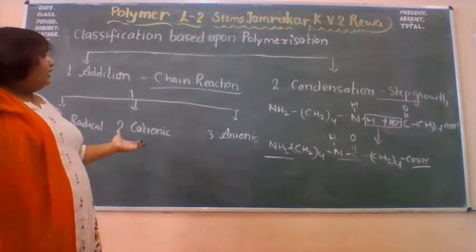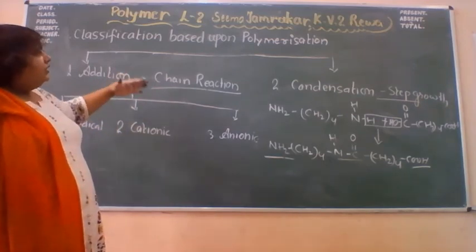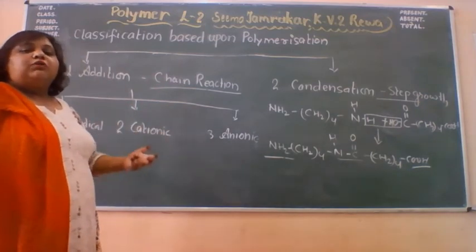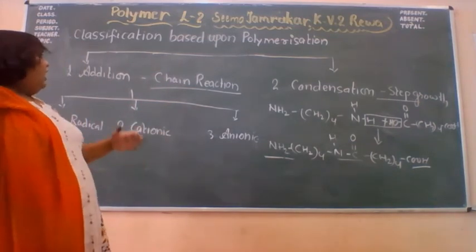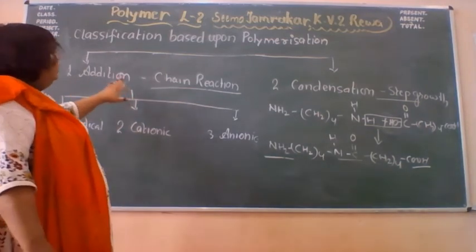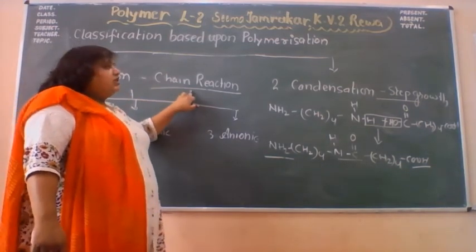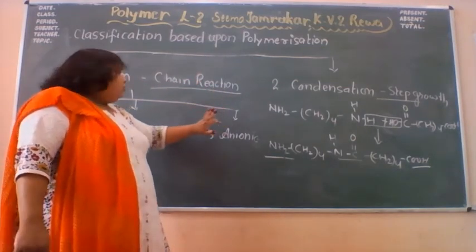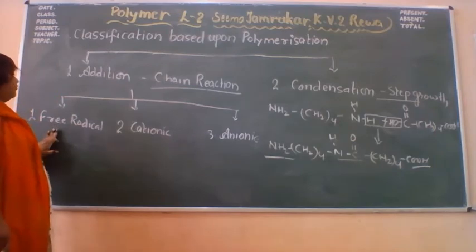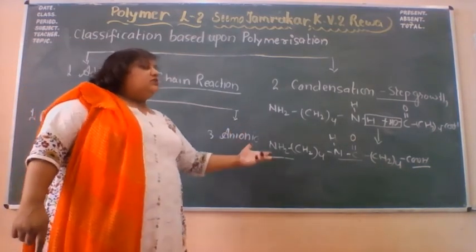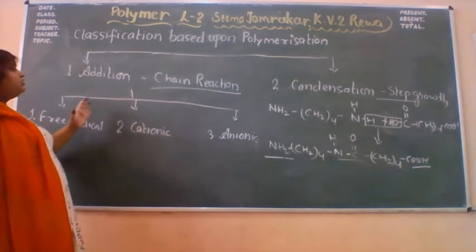These 4 were the categories, and the last was on the basis of the polymerization process, and here the addition and condensation are there. Addition is the chain reaction, right, and condensation is the step growth process. Addition may be free radical, cationic or anionic. The condensation, what is the distinguishing feature?